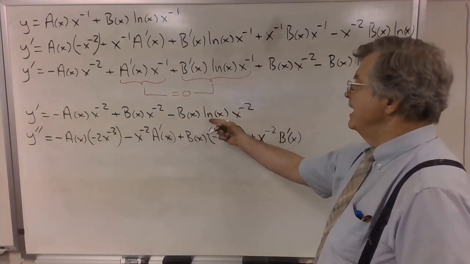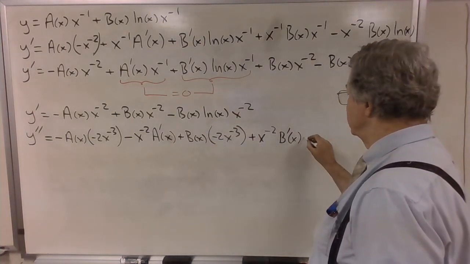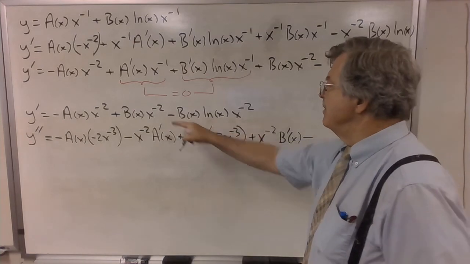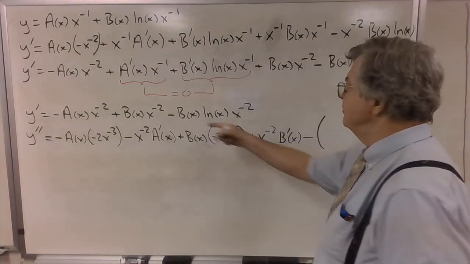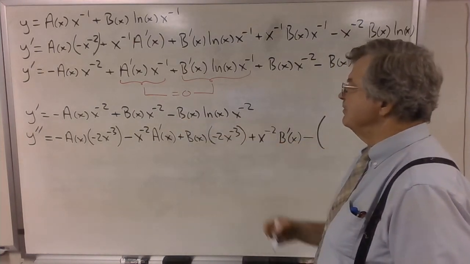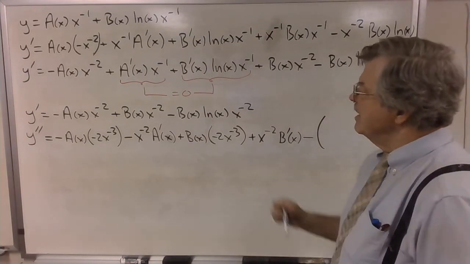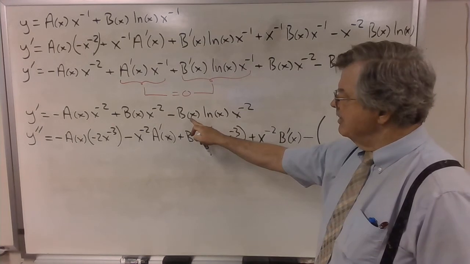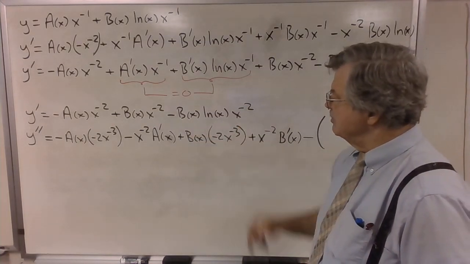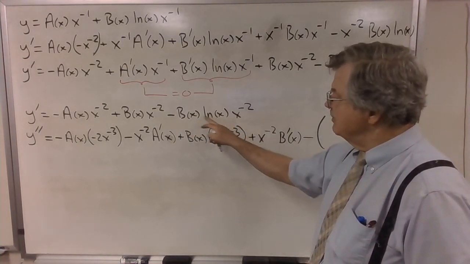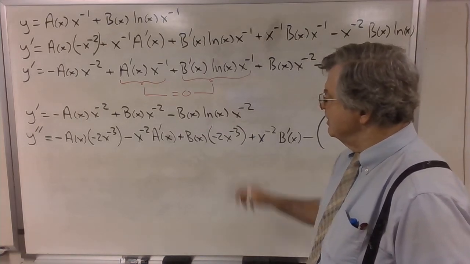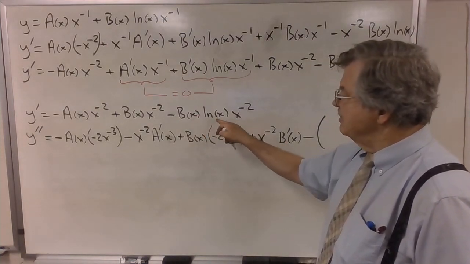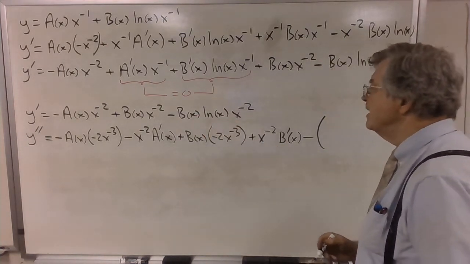And now this last one. I'm just going to take this minus sign and distribute it over the three terms that give us this derivative. Derivative of the product of three functions, I'm going to do derivative of the first times the other two, derivative of the second times the other two, derivative of the third times the other two.